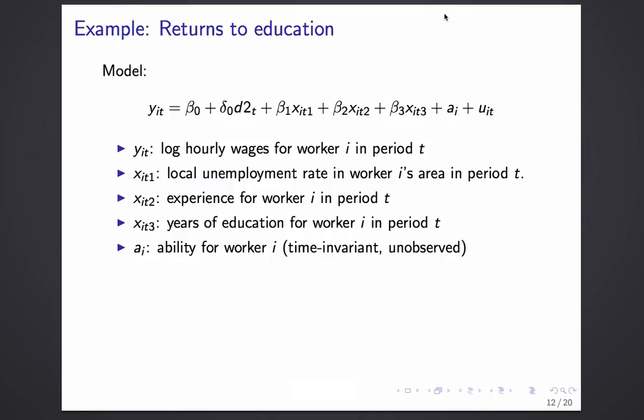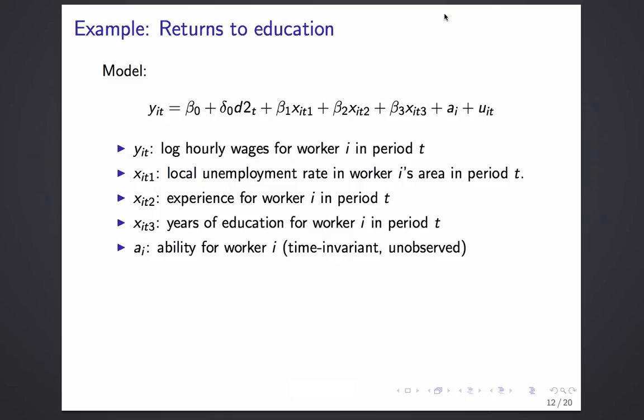The second explanatory variable is the labor market experience for that particular worker in a given time period. And then finally, the variable of interest, x_it3, equals the years of education that a given worker has obtained in, again, a given period. And then we have a panel data model.